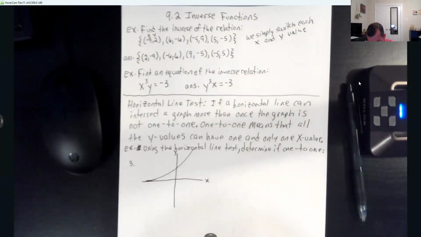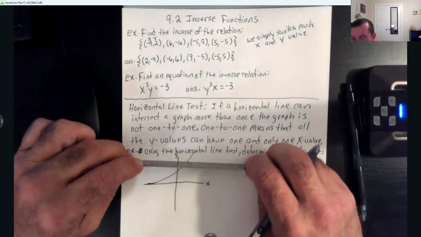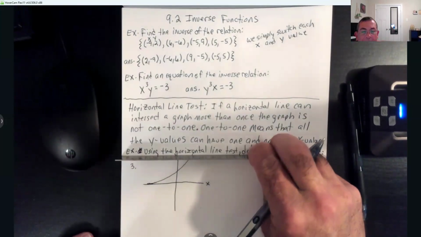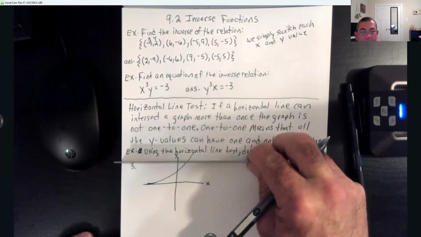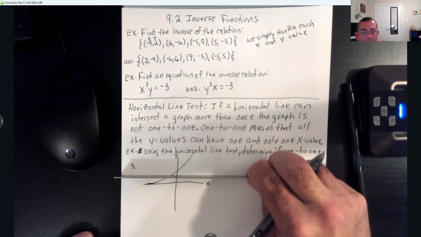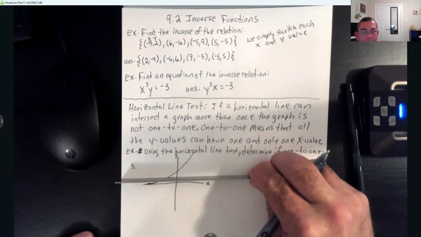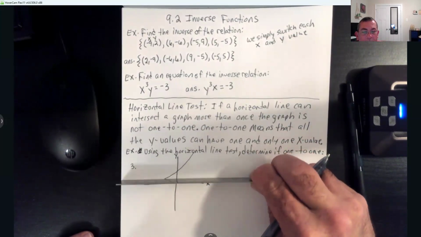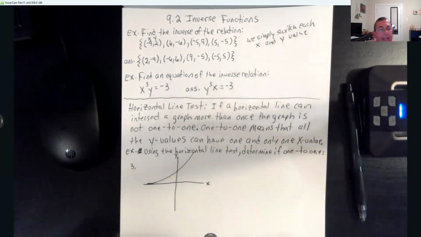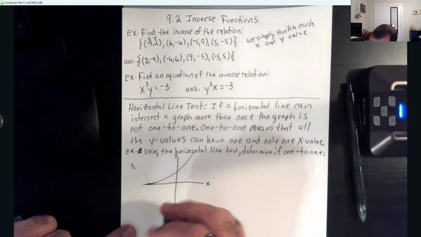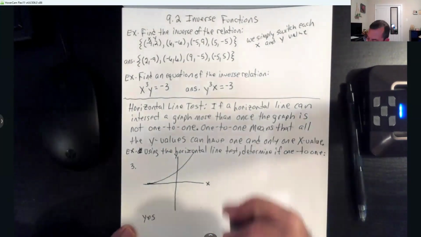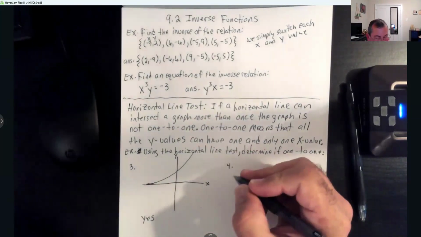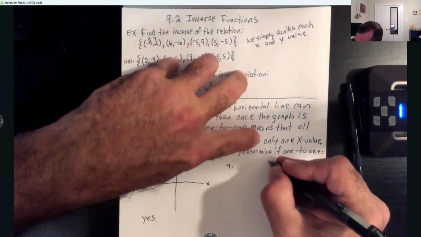But I need to determine if it's one-to-one. So I'm going to put me some horizontal lines on it. Notice it only intersects it once there, only intersects it once there, only intersects it once there. Anywhere I put this horizontal line, it's only intersecting that graph once. So this would be, yes, one-to-one. All right, y'all, let me draw another one here.